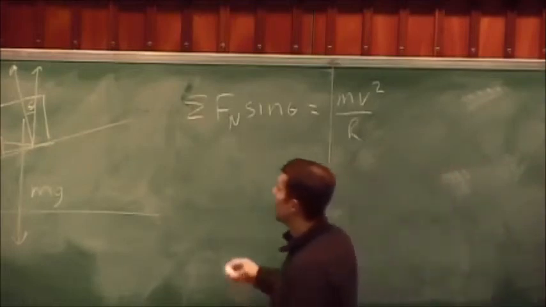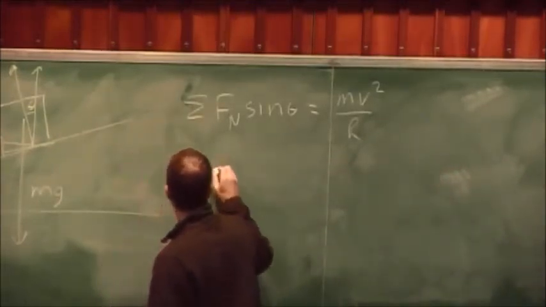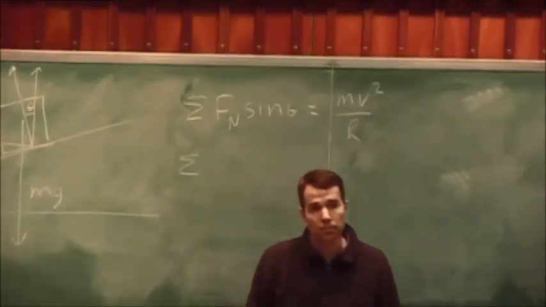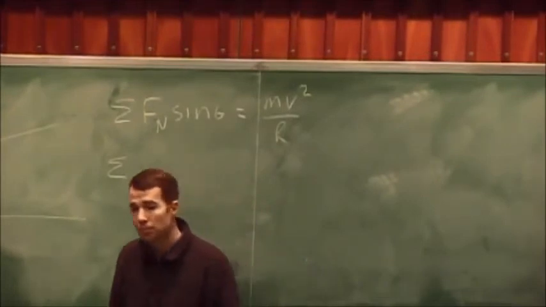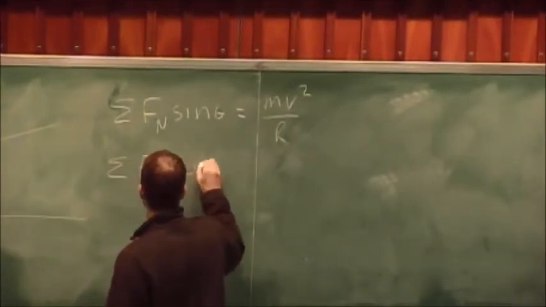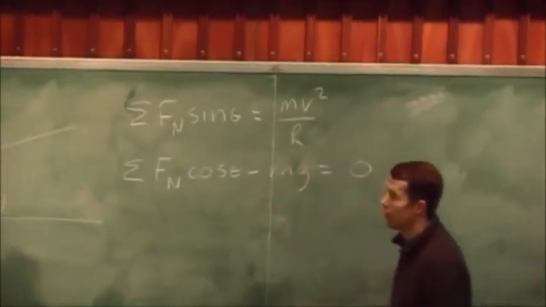Okay, now, what do we have in the other direction? Sum of the forces in the y direction. Fn cosine theta minus mg equals 0.